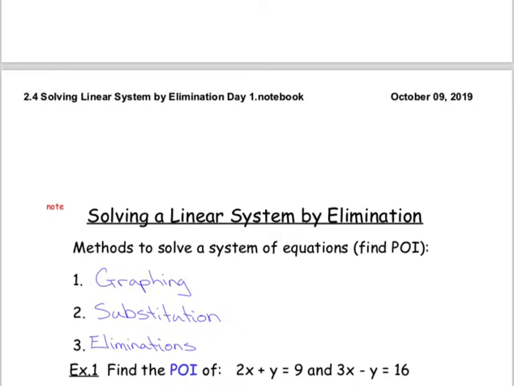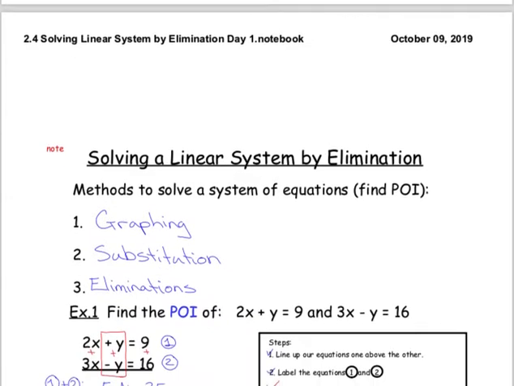What elimination is doing is we're either going to add or subtract something to get rid of it, okay? So we're going to stack them on top of each other, just like this. And now we're going to take a look at the equations themselves. What we're trying to do is get rid of a specific variable, okay?